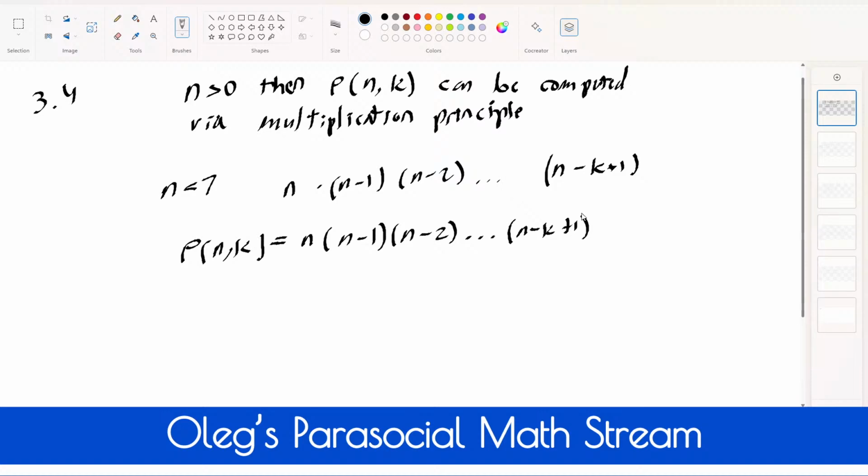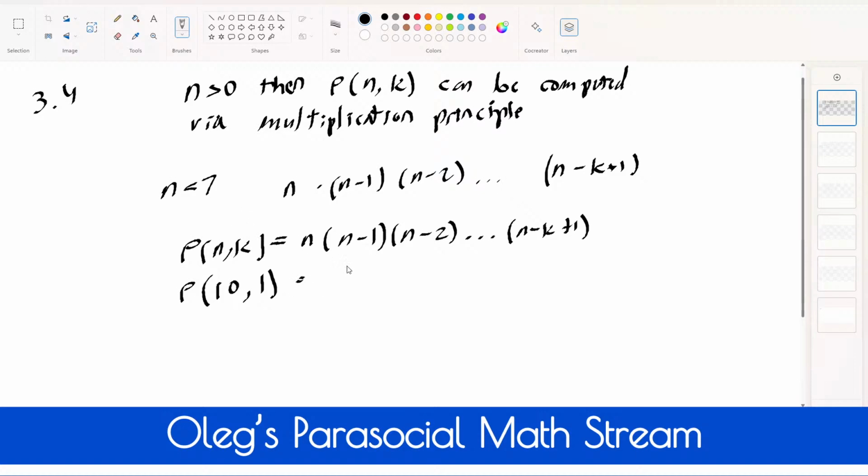So in this case, we're going to have some examples to work through. Let's say P of 10, 1. N is 10, K is 1. So let's substitute this.